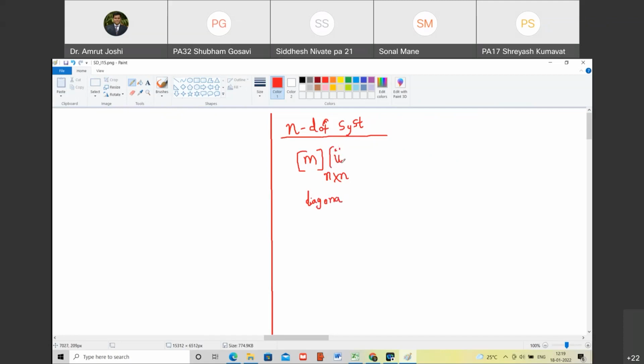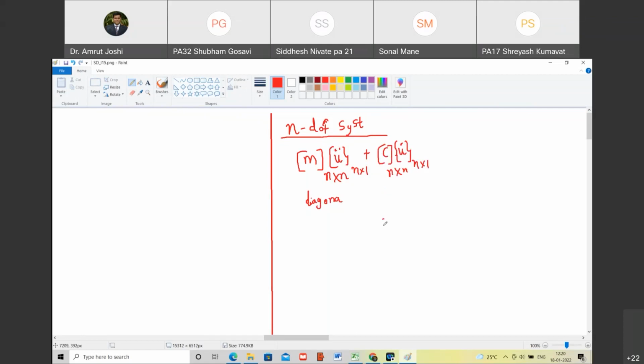What is the size of the U double dot matrix? U double dot matrix will be n cross 1, plus C U dot. What is the size of the C matrix? Damping matrix. It is n cross n. What is the size of U dot? It is n cross 1.